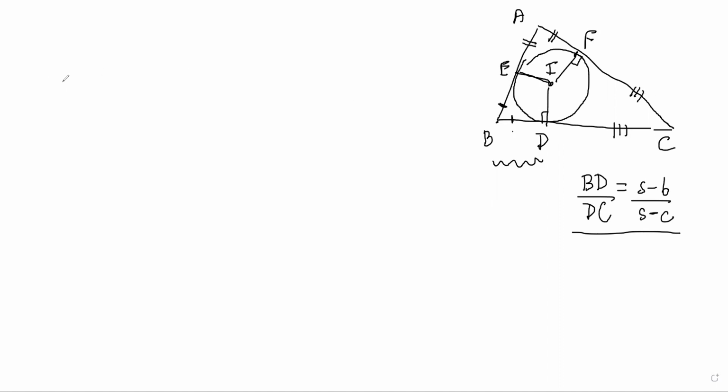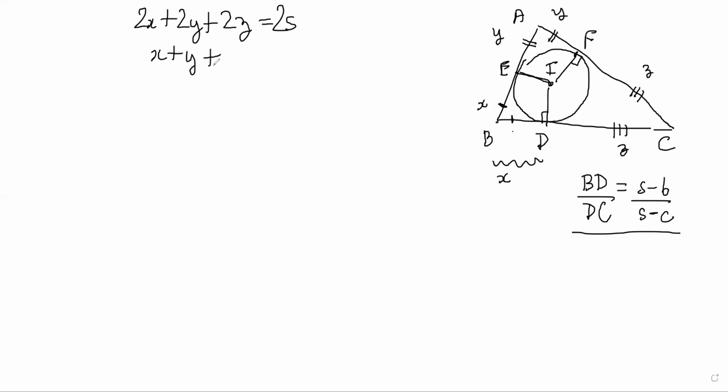You can just label them as, let's call the BD part as x and this part as y. No, not y. This part will obviously be x only, right? So x plus y plus z is s. So you'll get 2x plus 2y plus 2z is 2s, so x plus y plus z will come as s, right?